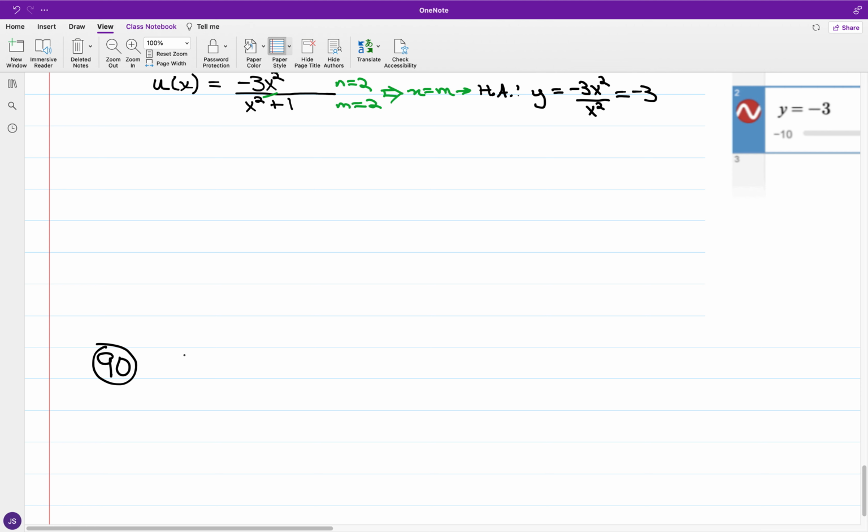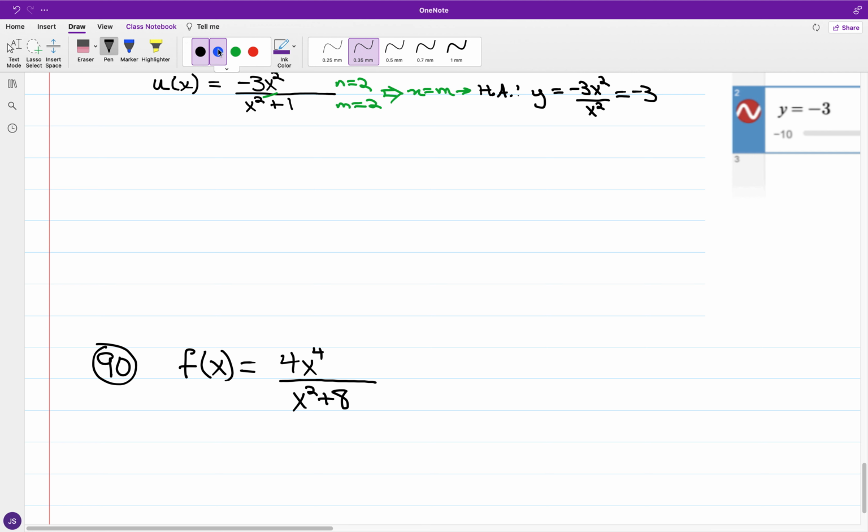Here, we're going to have f of x equal to 4x to the fourth, all over x squared plus 8. So again, we have a sum of squares in the denominator.